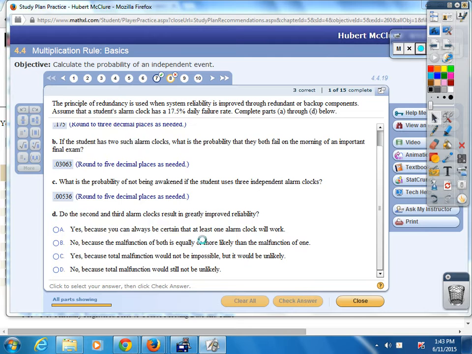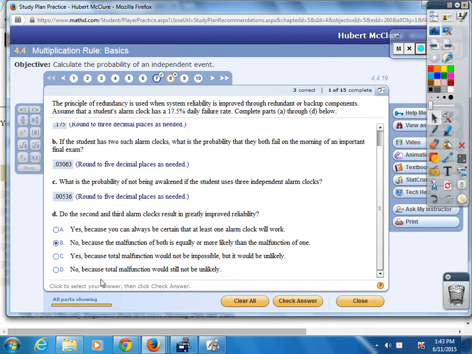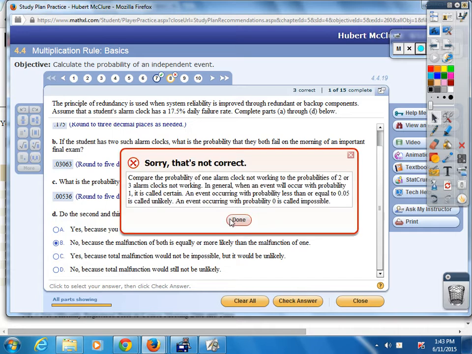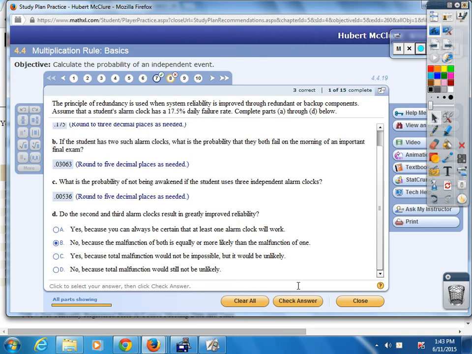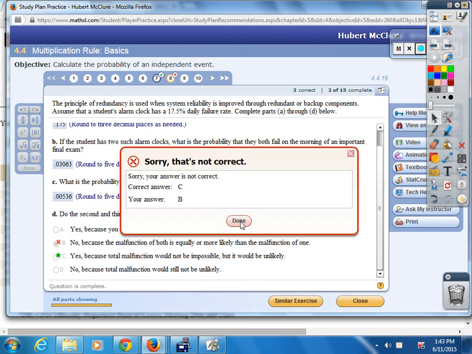No. Because total malfunction would be all 3 of them not working, and I don't think that's possible, so I'd say it would be... Nope, got it wrong. Watch it be C. Correct answer, C. Yes, because total malfunction would not be impossible, but it would be unlikely.